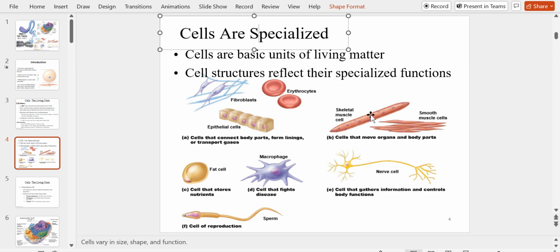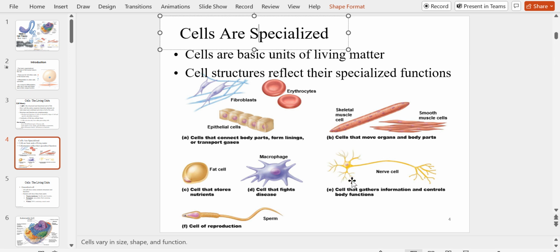Skeletal muscle cells, smooth muscle cells. The third kind of muscle is cardiac. Guess where that one is only found? Fat cells. Macrophages, I call these Pac-Man, chomp chomp. These are phagocytic; they chomp bacteria and other foreign invaders.